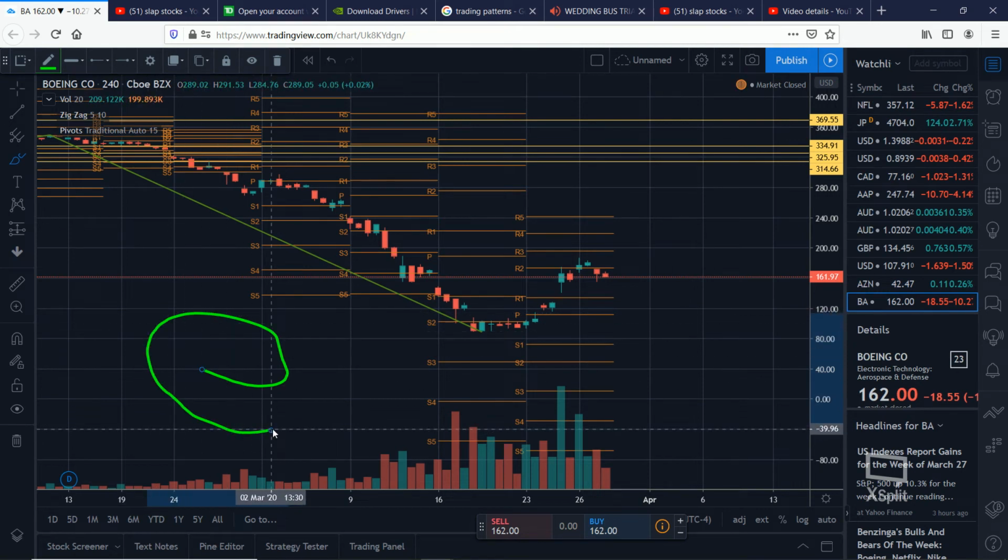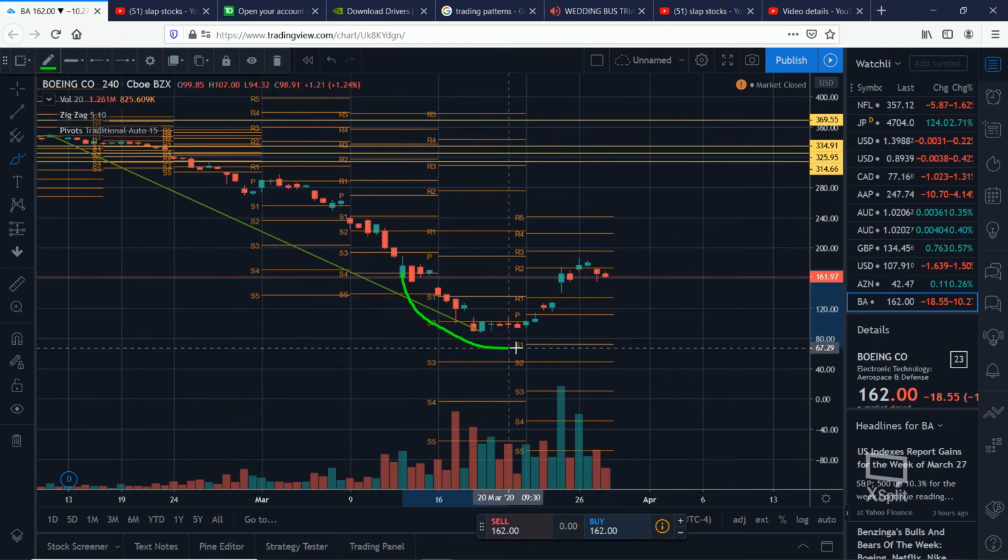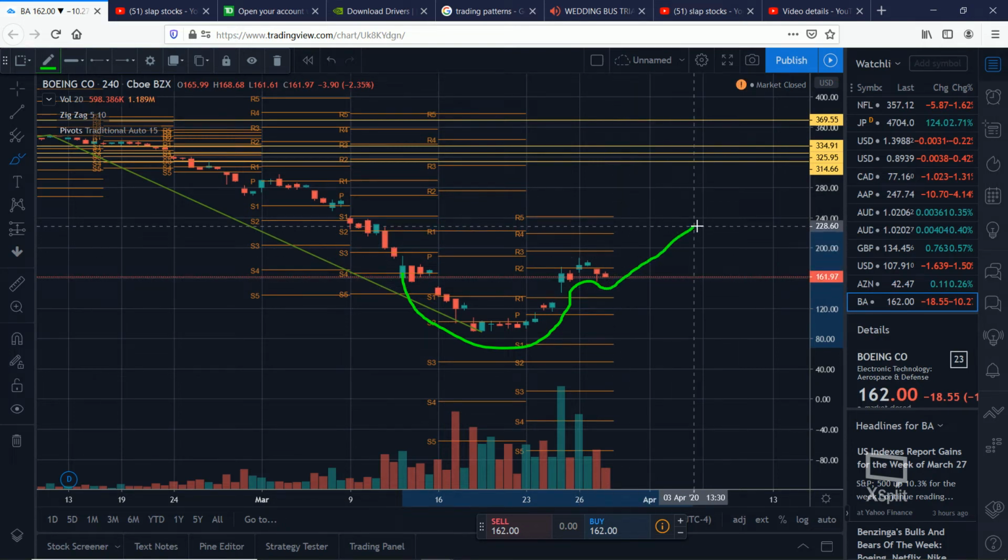There we go. So a cup and handle pattern is where it dips and then goes up and hits its previous resistance, which only falls down to form the handle, and then what happens next is that it shoots up.